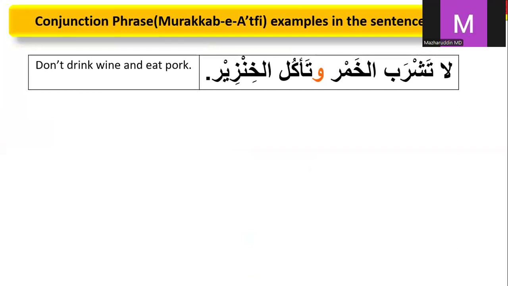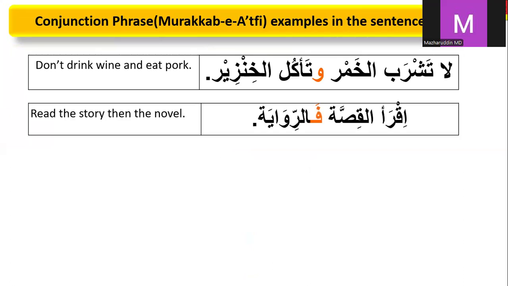Now there are different sentences you can see here. La tashrab al-khamra wa ta'kul al-khinzir. Don't drink wine and eat pork. Here we have used which conjunction?